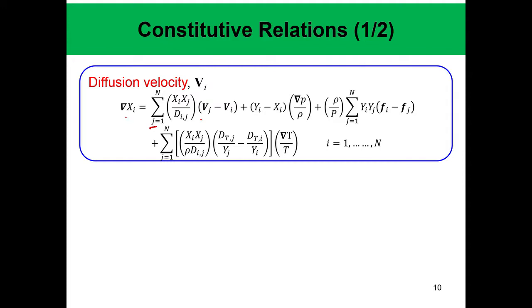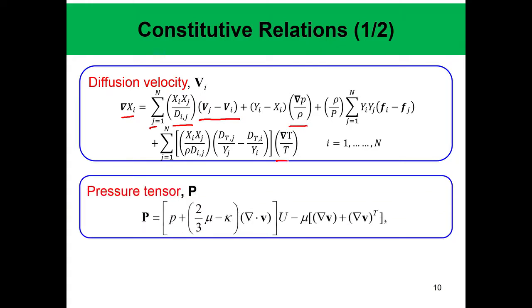The gradient of Xi, the molar concentration of the ith species, is essentially the summation over j, for all the species other than i, of Xi Xj divided by Dij, which is the binary diffusion coefficient we obtained in the previous transport phenomena class, times Vj minus Vi, plus terms arising out of gradient of p, gradient of T, etc.